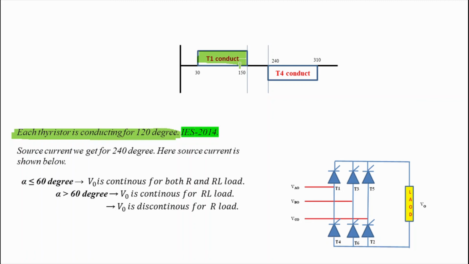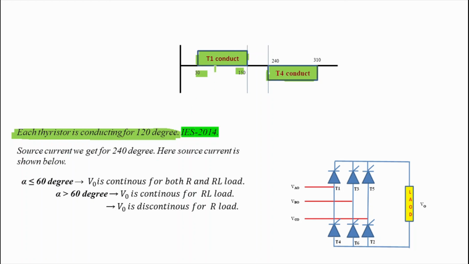T1 conducts from 30 to 150 degree, and when T1 conducts and the load is inductive type, we get constant current across thyristor T1. Thyristor T4 conducts from 240 to 310 degree, again for a period of 120 degree, and with inductive load we get constant current across this thyristor.